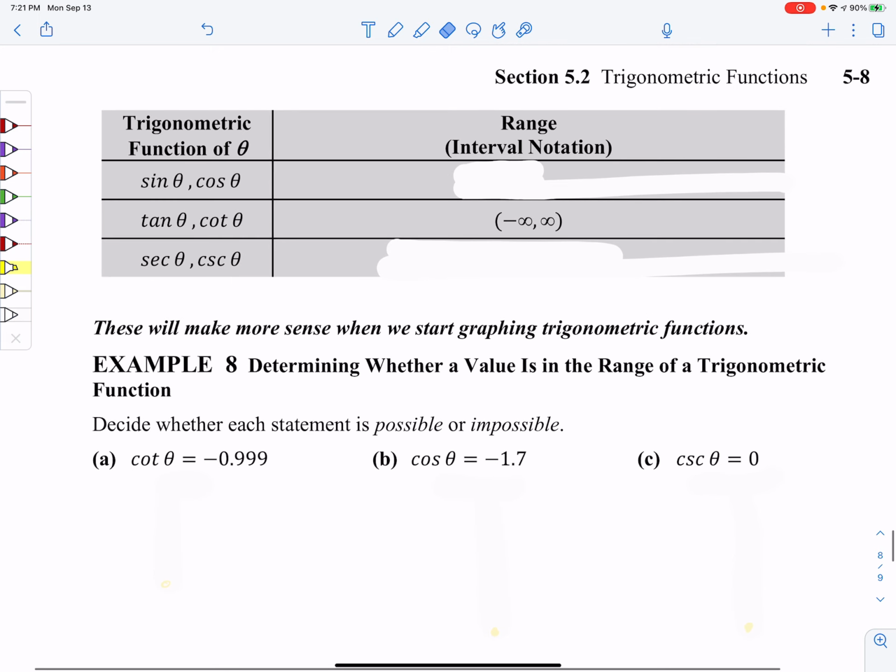This table is pretty interesting. I'm just going to hand it to you for now, but this is going to come in really handy when I'm starting to graph my trigonometric functions. But for now, just bear with me on this. I'm just going to hand you the information. Sines and cosines, their range of values is always going to be from -1 to 1. All of their y values will end up being -1 to +1.